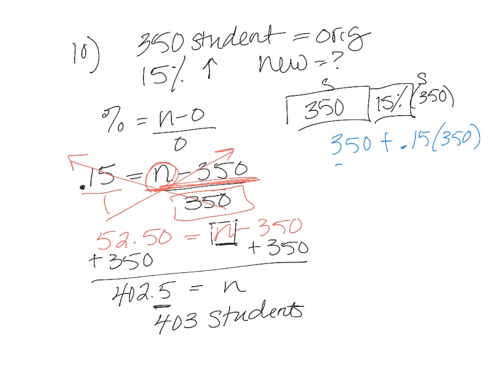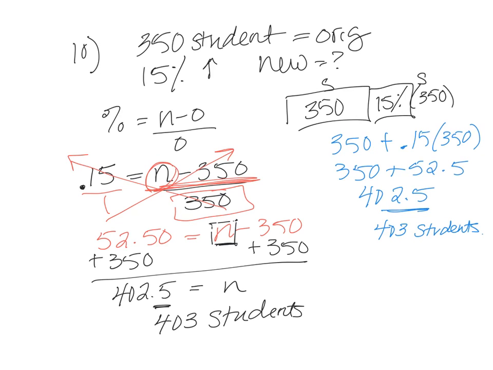And so 350 plus, and when you do the math on the 15% times 350, you get 52.5. And when you add that to 350, you get 402.5. And again, can't have half of a kid, so you would say 403 students. All right, make sure you show all your steps for all 10 problems.